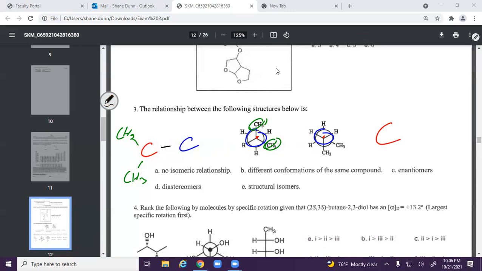Red, blue. This one has a carbon here. This has a carbon here. So they have the same amount of carbons and hydrogens, right? It's just how they are arranged that is different. So they are structural isomers because they are the same chemical formula, just rearranged differently.